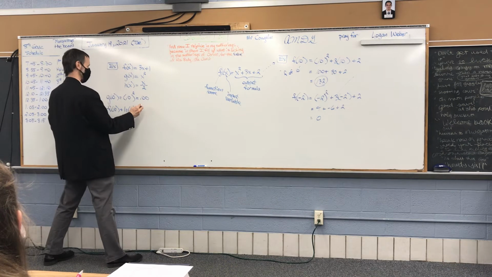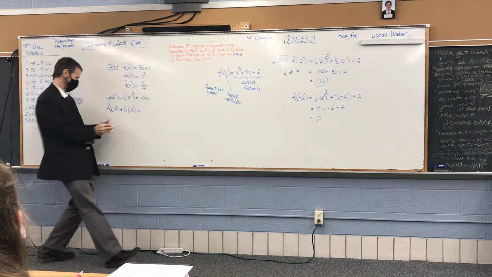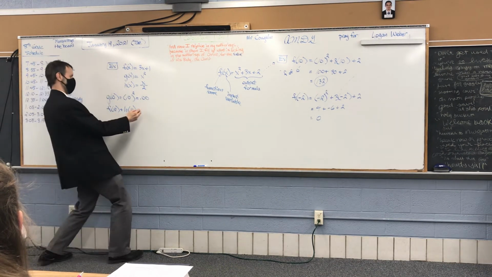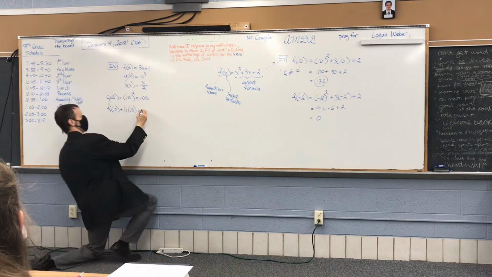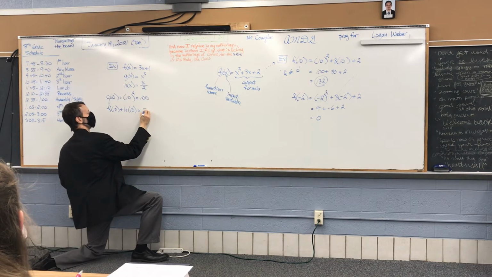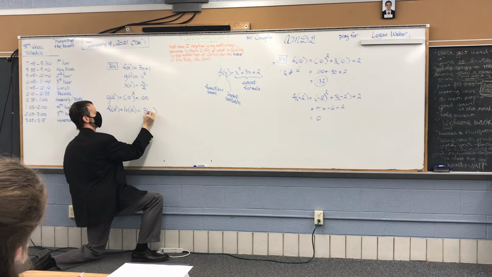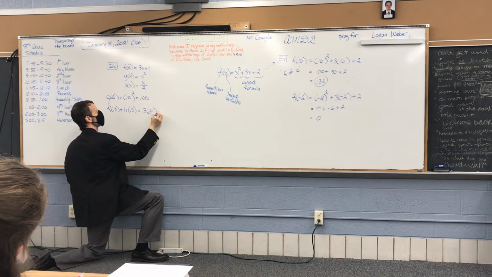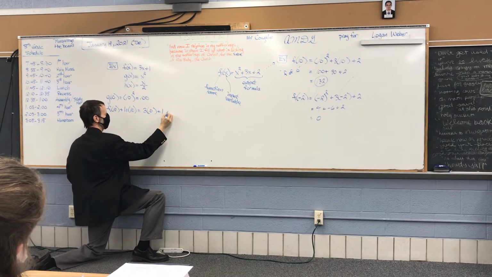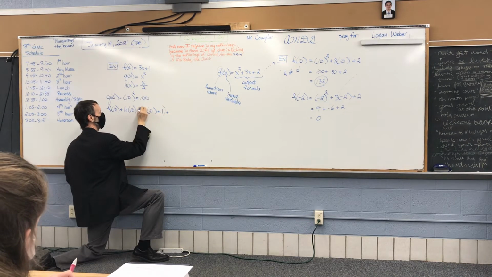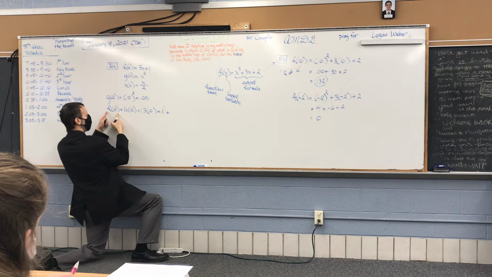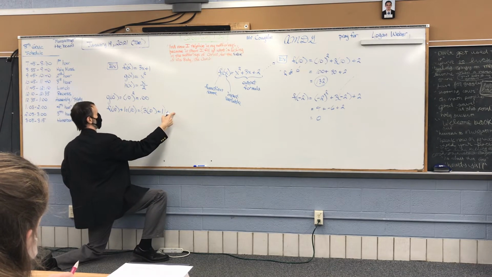So what does that look like? Wait, what am I plugging in? 10. It would be 31. Well, show the work first then. 3 parentheses 10, plus 1. And then I'm going to put phantom parentheses around that. That came from here. And then plus what?